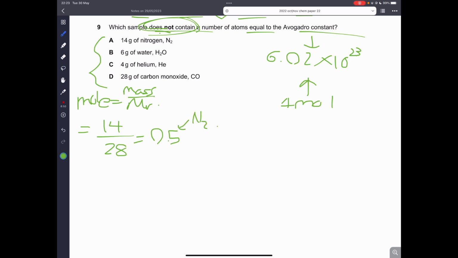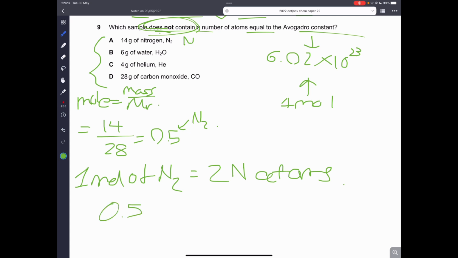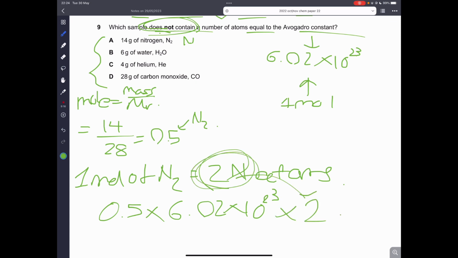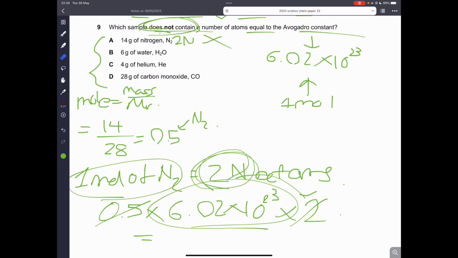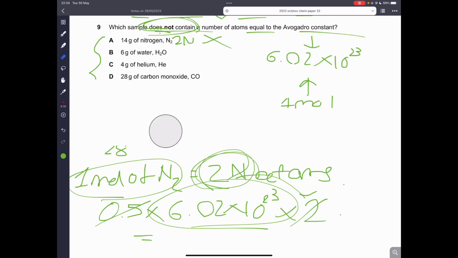Because 1 mole of nitrogen is made up of 2 nitrogen atoms, 0.5 is multiplied by the Avogadro constant and then by 2. 0.5 times 2 is 1, so this is equal to the Avogadro constant. So A is not an option here.